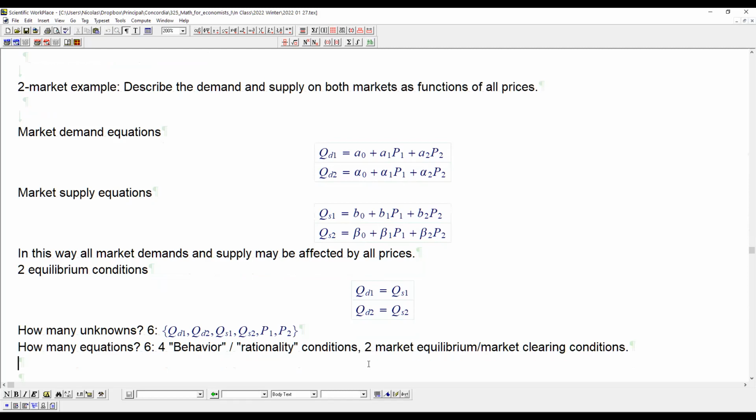Do you think I can always find a solution or not? Or rather, the question is how many solutions could I have for this system of equations.